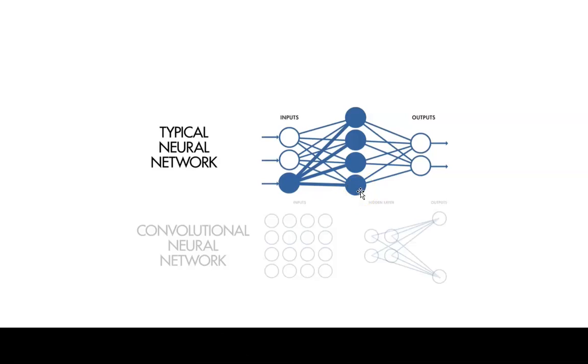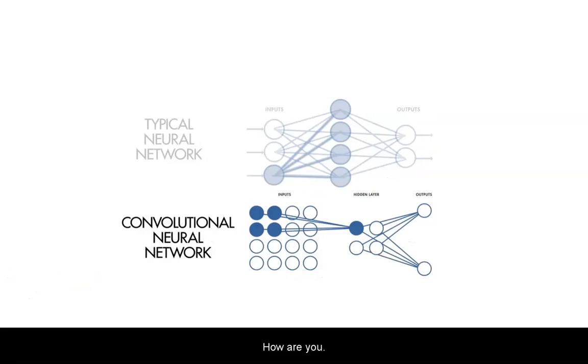And this applies to all the layers. However, when you look at the convolutional neural network in this figure, as you can see, only a small region of the input layer neurons connects to the neuron in the hidden layer.